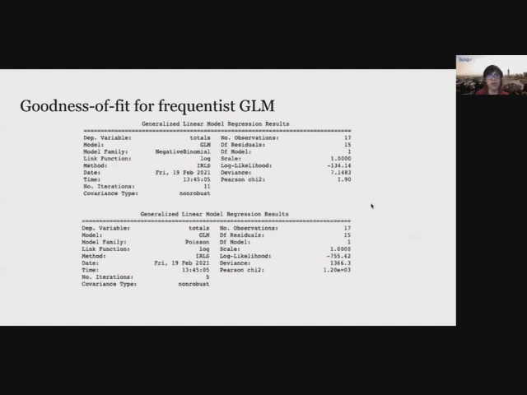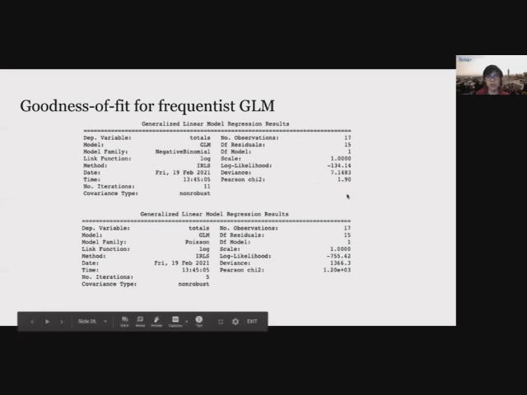On this slide, I'm displaying in tandem the results of the negative binomial model and the Poisson model fitted to the wind turbines data set. We can compare the values of log likelihood, deviance, and Pearson chi-squared for both models.